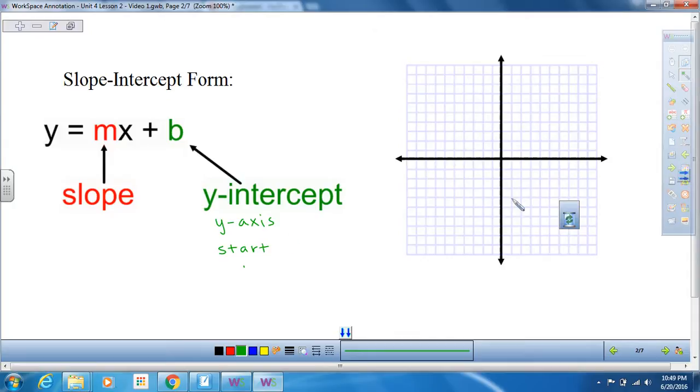Okay, so if I look at this graph here, and it's just a 10 by 10 graph, and let's say I want to do the equation y equals 3x plus 1.